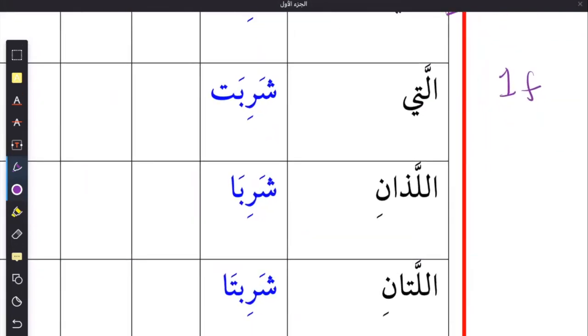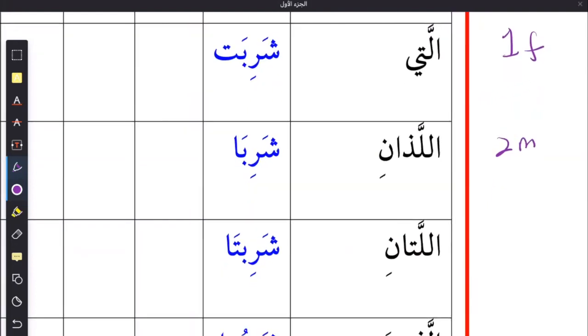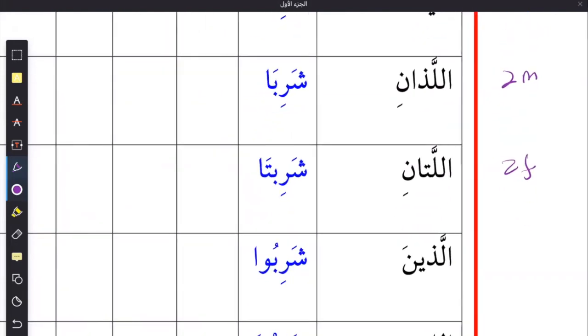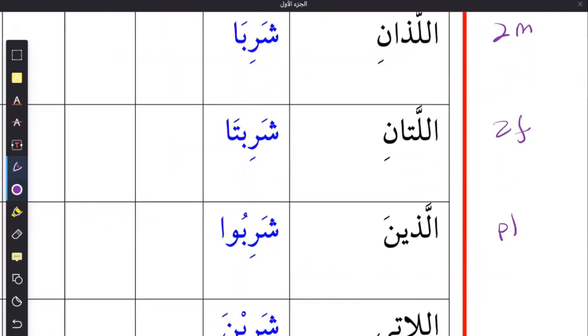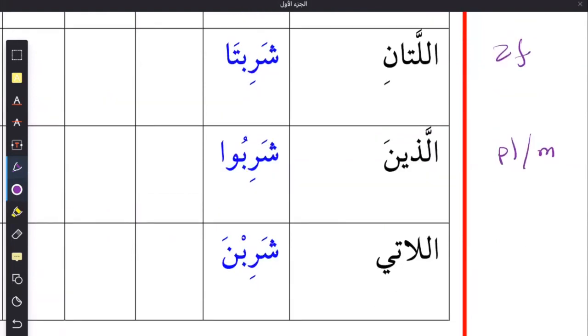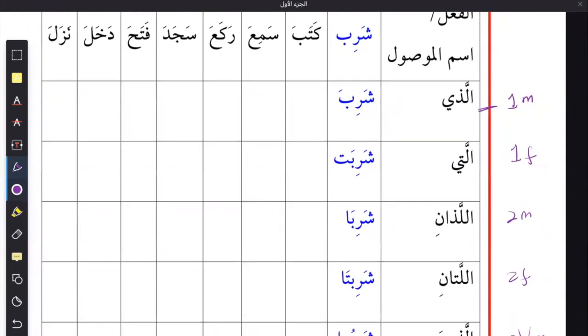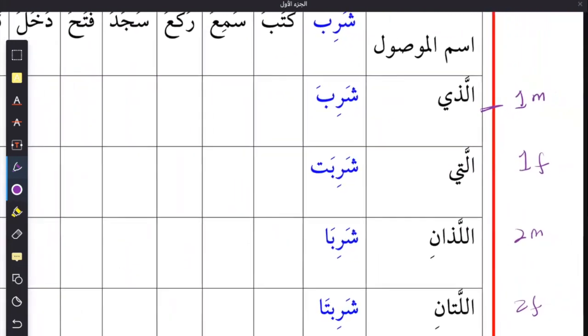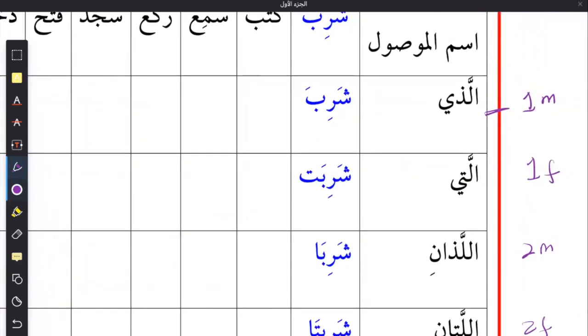Alladhani we use for dual masculine, and allatani for dual feminine, alladhina is plural masculine, and allati is plural feminine. If you know these things, then you can easily make this conjugation. This is not a big deal, right? So we have alladhi. What are you going to say? Alladhi would be huwa. Once you know huwa, then you know how to conjugate.